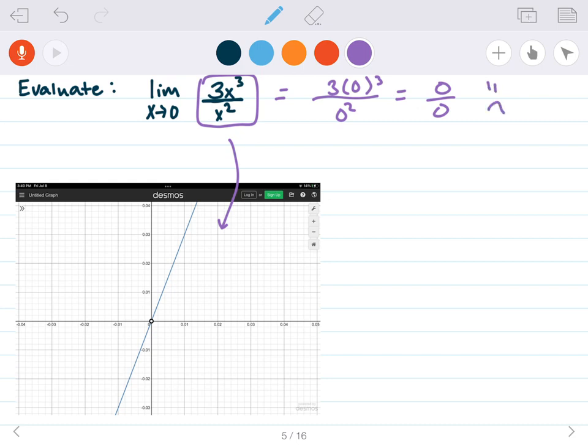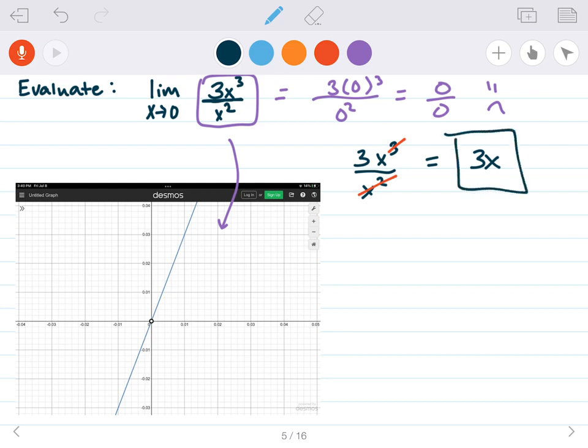But what we have is a removable discontinuity. We get that because 3x to the third over x squared can be simplified. This x squared can go away, and then one of these x's can go away to give us the line 3x. So 3x to the third divided by x squared looks the same as the line 3x.